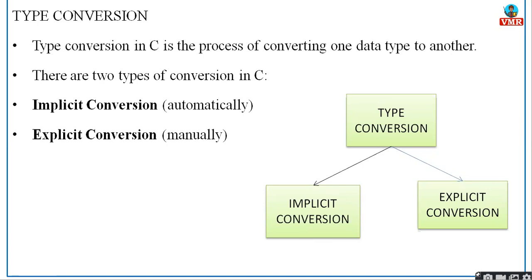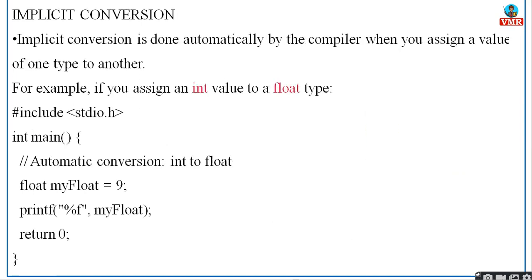If the user is forcibly converting one data type to another, that is explicit conversion. So type conversions are of two types: first implicit, second explicit.